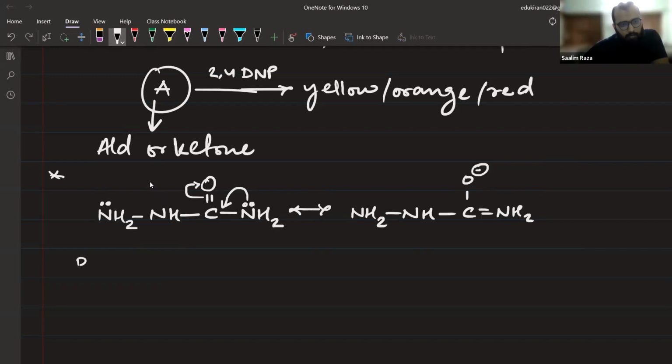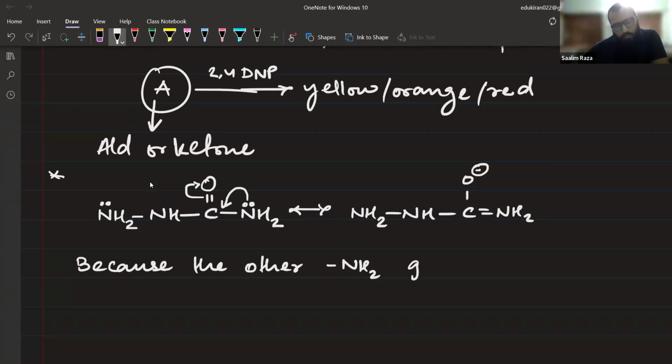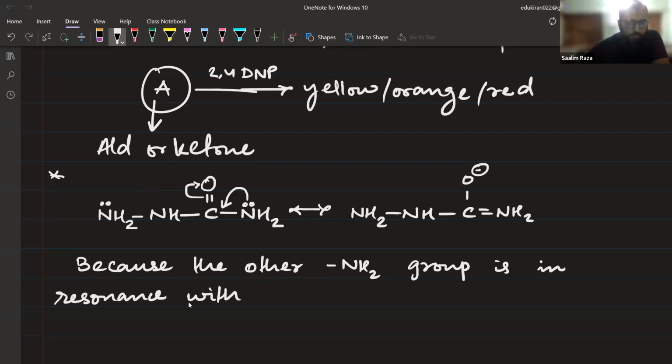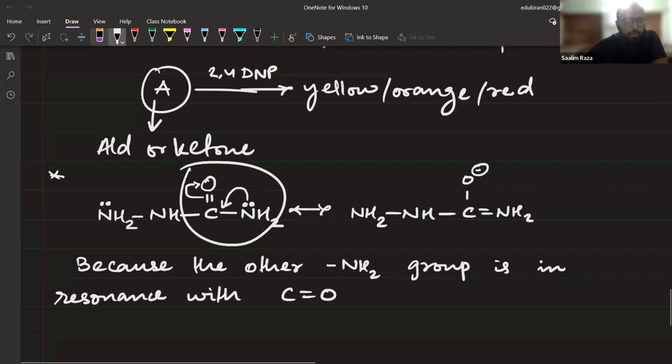You will write because the other NH2 group is in resonance with कार्बोनिल या फिर सी डबल बॉन्ड. ठीक है? दूसरे हिसाब से आपसे ये पूछ सकते हैं, this is amide group, इसको सी डबल बॉन्ड NH2 अगर याद हो, इसको अमाइड ग्रुप बोलते हैं.